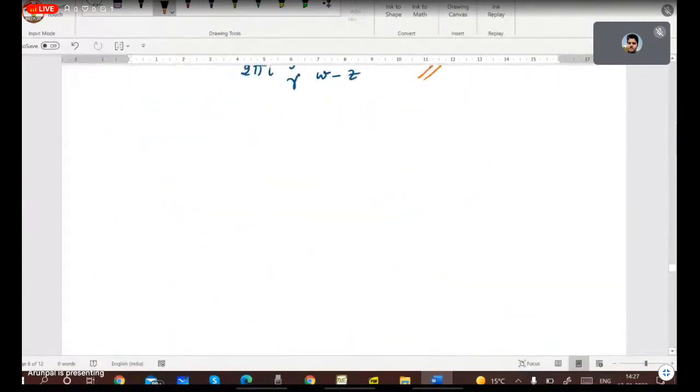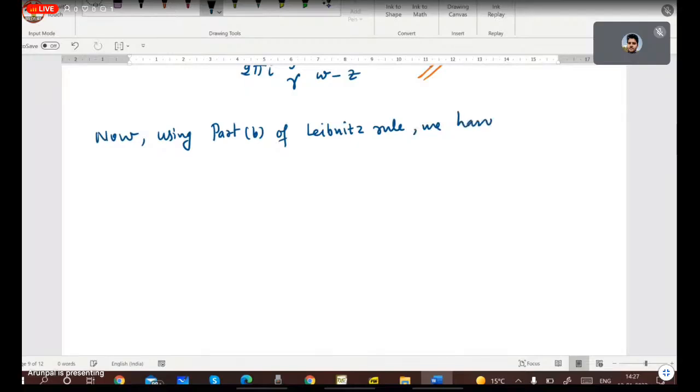So now, using part B of the Leibniz rule, if you remember, I used the same part in that problem as well. We have, class, what will be G dash t?